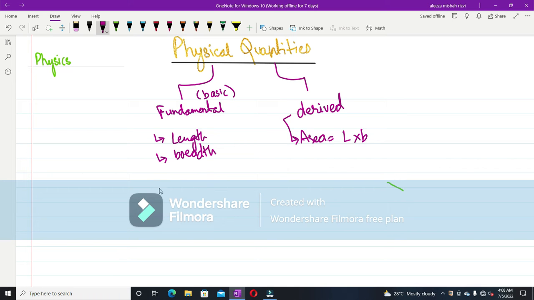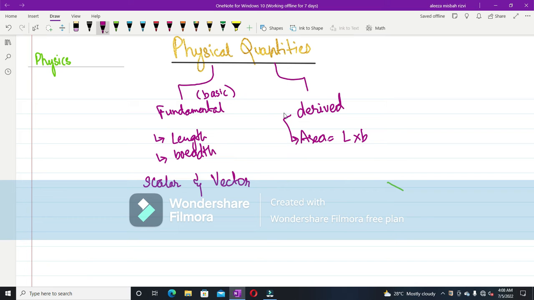Okay, so the next is, these two kinds of quantities are further divided. There are two kinds of fundamental and derived quantities, which are known as scalar and vector. Basically scalar quantities are completely specified with the magnitude and SI unit, and they don't need any direction.